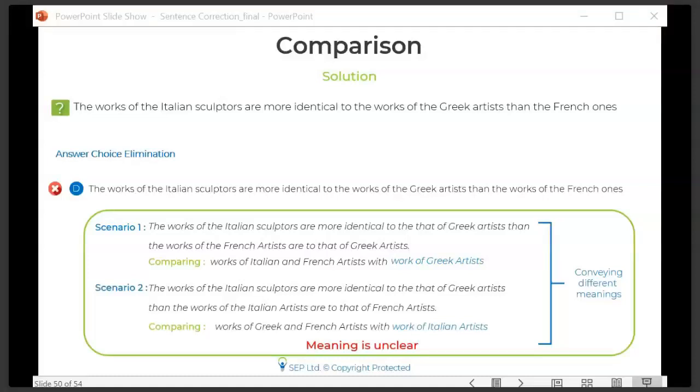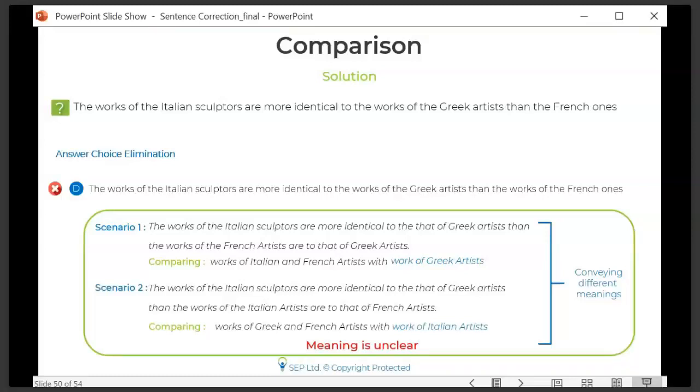So let me ask those of you who marked choice D, are you clear why choice D is incorrect? Are all of you clear why choice D is incorrect? Great. That's wonderful to see that all of you are following this.